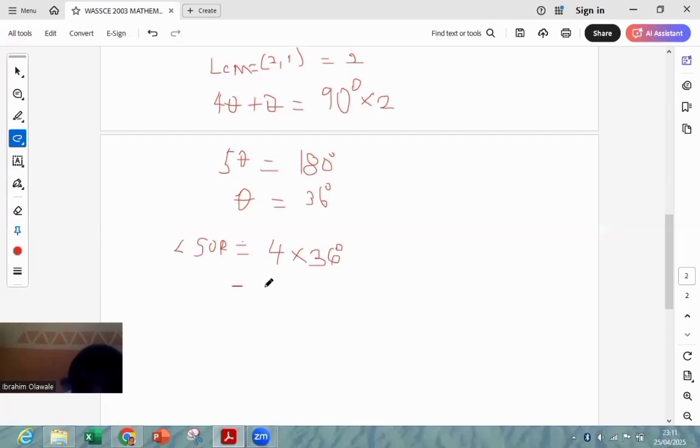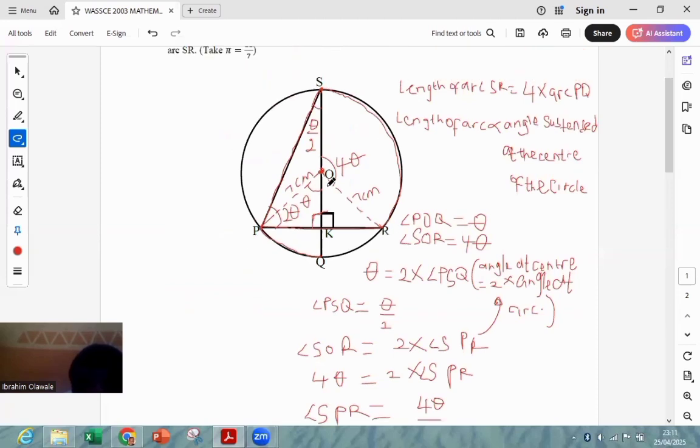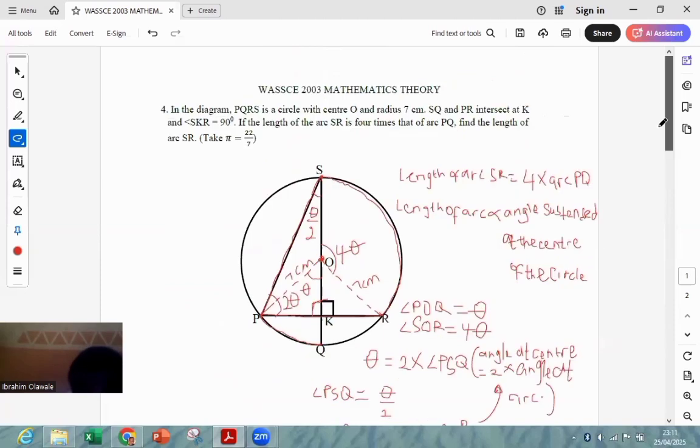And this will give us 144 degrees. So that means the angle subtended by arc SR at the center is 144 degrees because of the condition that says the length of arc SR is 4 times that of arc PQ. And like I said, length of arc is proportional to the angle subtended at the center of the circle.